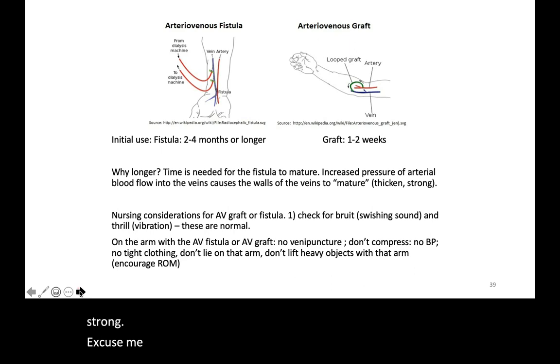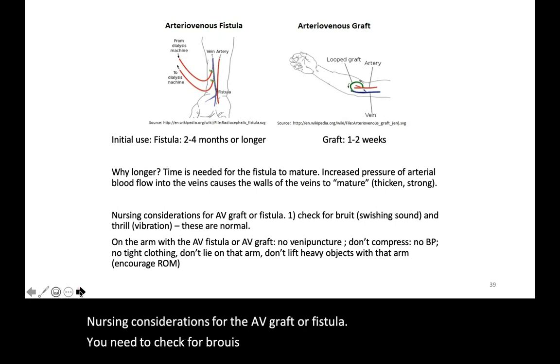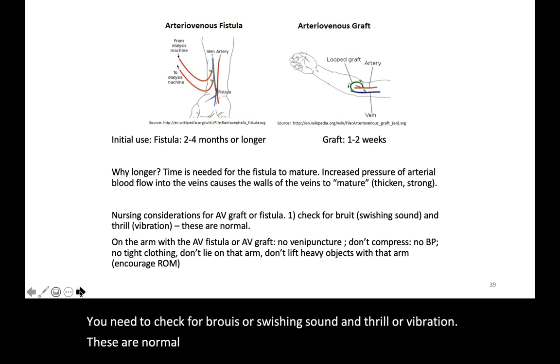Nursing considerations for the AV graft or fistula: you need to check for bruit or a swishing sound and thrill or vibration. These are normal findings in both the fistula and the graft.